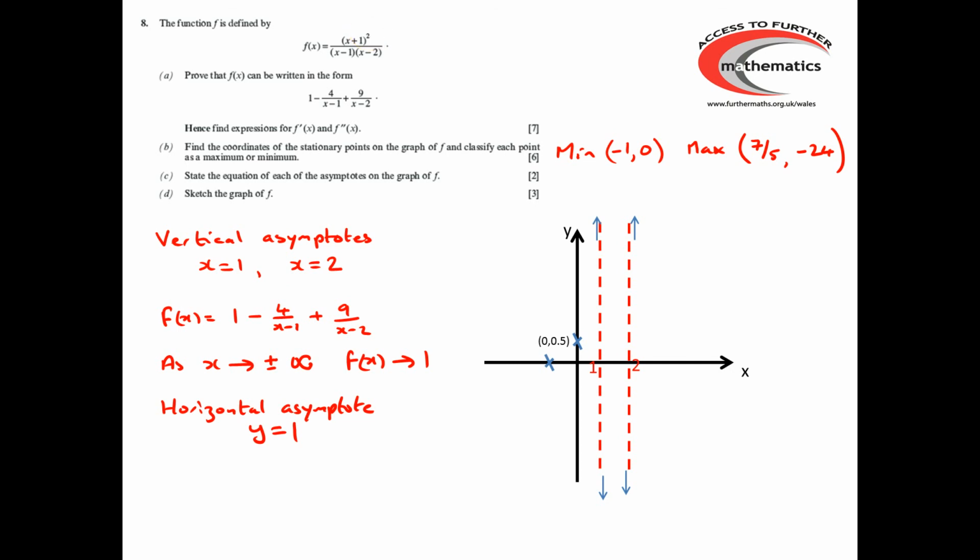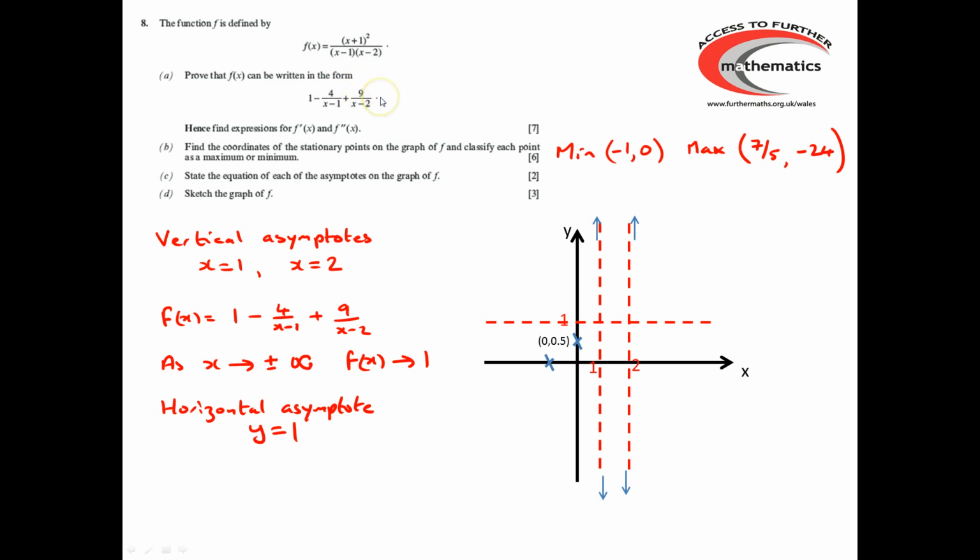Now, we know that we have a horizontal asymptote at y equals 1. If x is a very large positive number, then we've got 1, take away 4 over x minus 1, plus 9 over x minus 2.